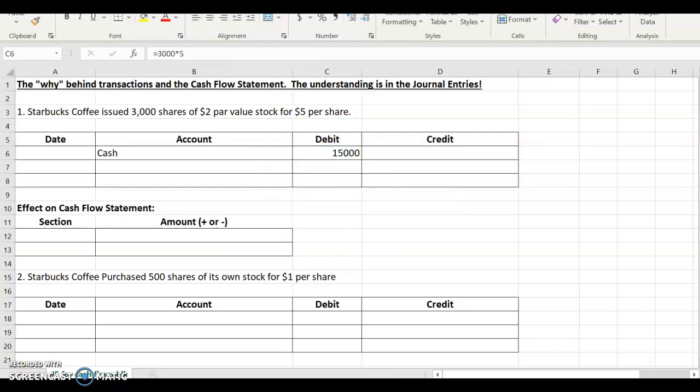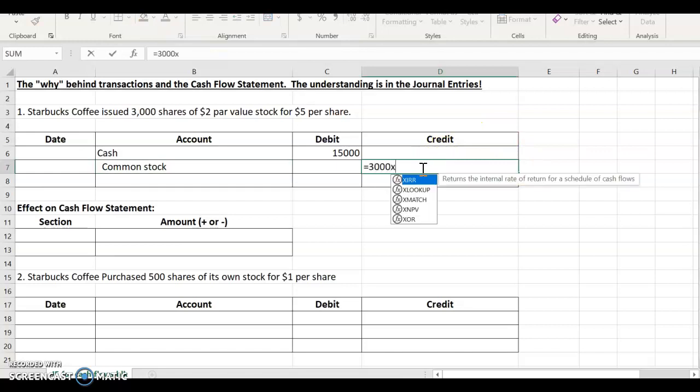Now, the amount we're going to put to common stock is always going to be the par value, which we can see is the $2.